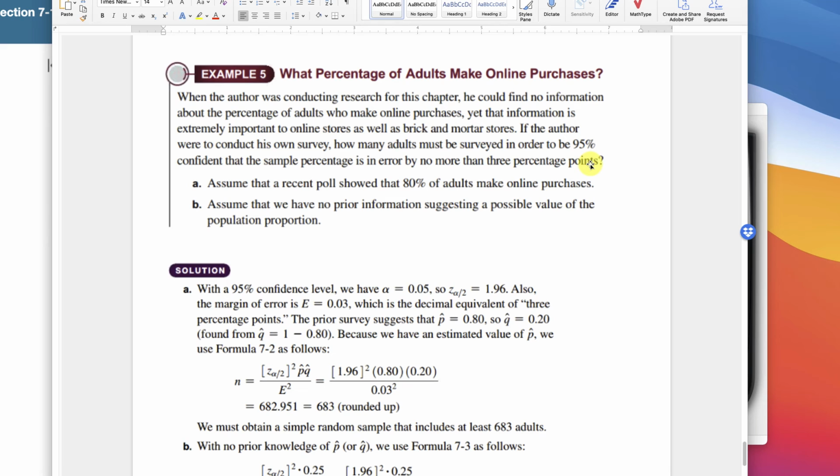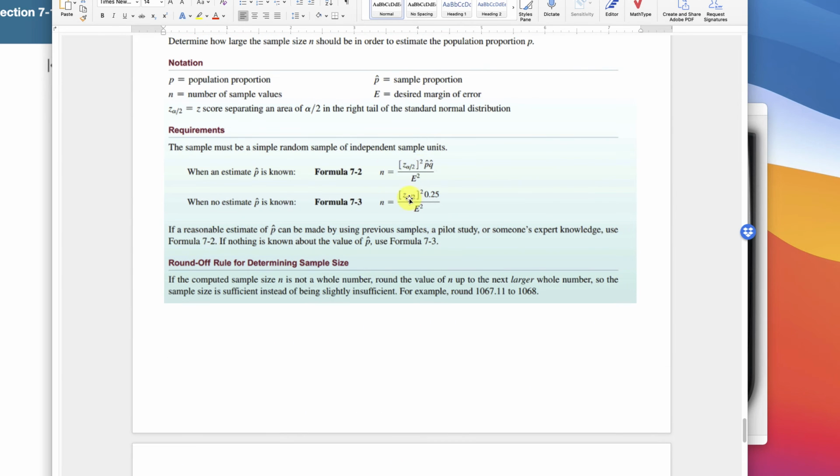So we need to know how many we need to sample. Assume that a recent poll showed 80% of adults make online purchases. So now we know we have a point estimate. Then B is: assume we have no prior information. So what they're doing is forcing us to use these formulas in order. We know p hat, we don't know p hat.